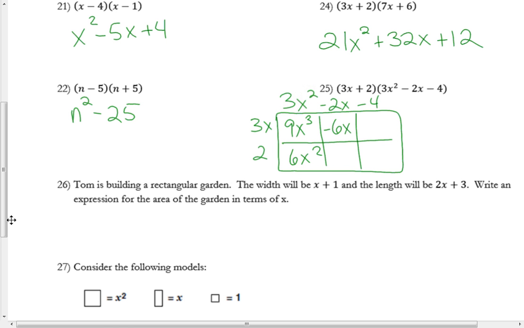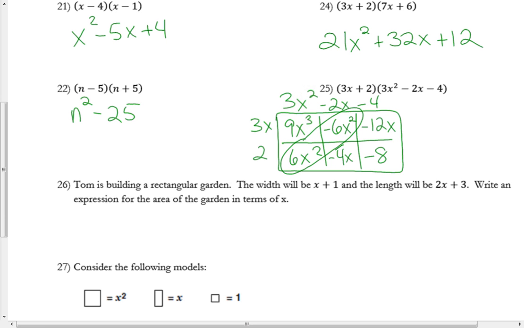Next, we have 3x times negative 2x, which gives us negative 6x squared. Below that, we have negative 2x times 2, which gives us negative 4x. Top right, we have 3x times negative 4, which gives us negative 12x. And then finally, in the bottom right, we have 2 times negative 4, which gives us negative 8.